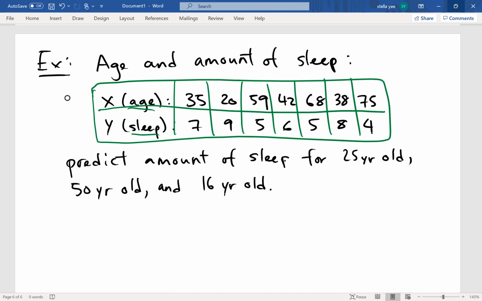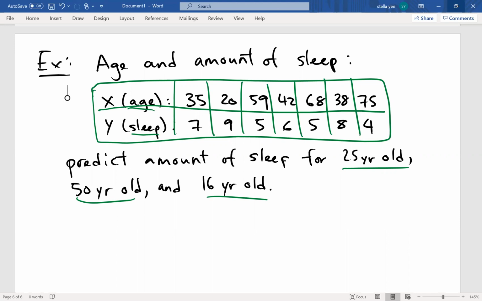Okay. What I want you to do is to pause this video and figure out what the regression line is between these two variables using your calculator. And once you get the relationship, I want you to predict the amount of sleep that a 25-year-old, a 50-year-old, or a 16-year-old would get, as long as predicting it is a reasonable thing to do.